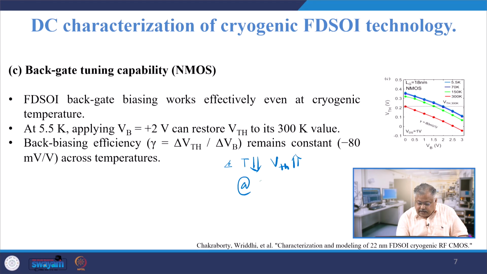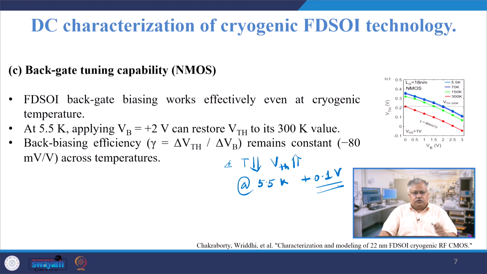So at around 5.5 Kelvin, your threshold voltage increases by, let us suppose, plus 100 millivolts. Now, you need to give a positive bias at the backgate for an NMOS, so that the threshold voltage drops by the same factor as it has increased by virtue of temperature.